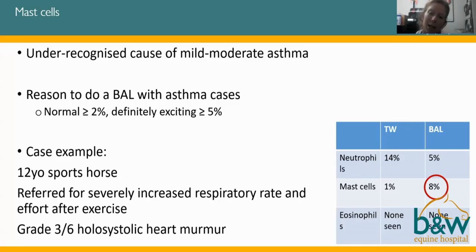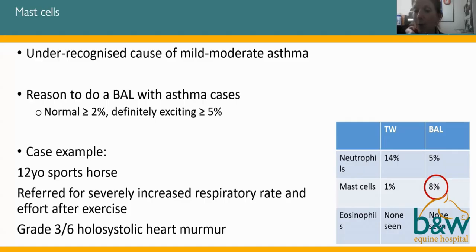His main clinical sign was that after exercise, he was performing less well during his exercise, but afterwards he had a really severely increased respiratory rate and effort that then took a long time to recover. He came predominantly initially because he also had a grade 3 out of 6 hollow systolic heart murmur. That turned out to be just an incidental finding, and the respiratory signs were more exciting.